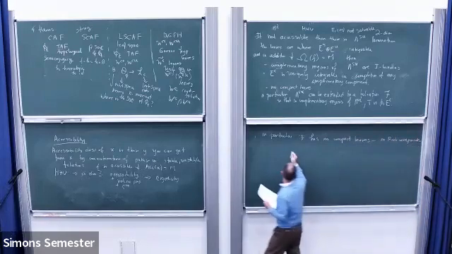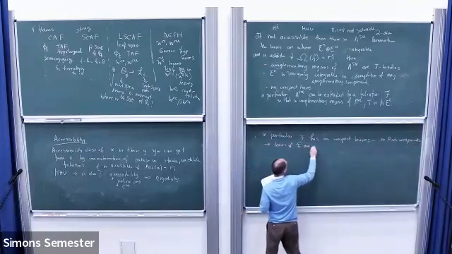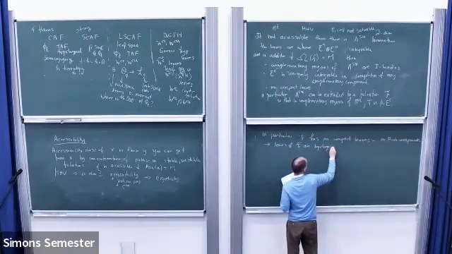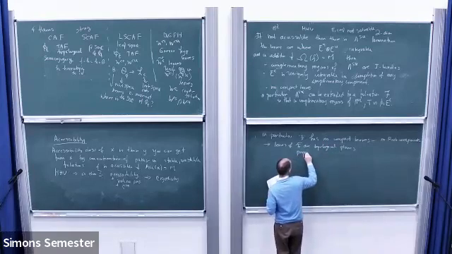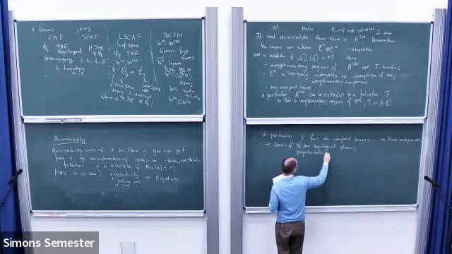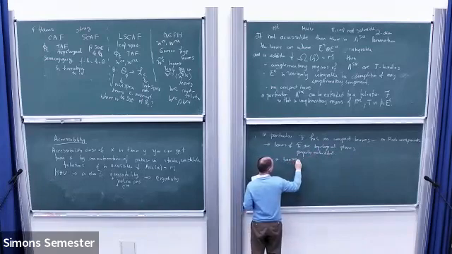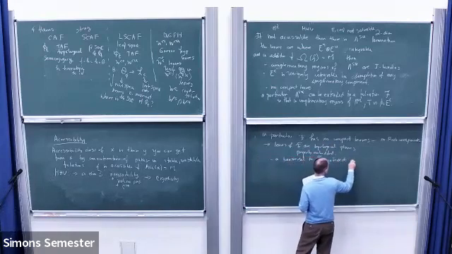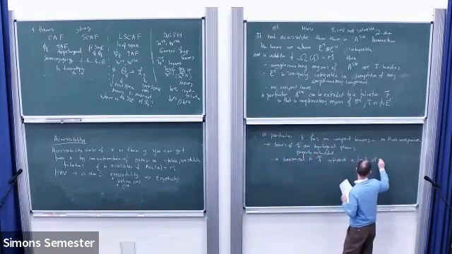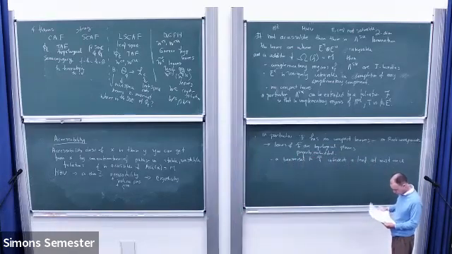So what's important for us is that the leaves are properly embedded topological planes. And a transversal to F tilde intersects a leaf at most once. Okay. All right, so this is the setup.